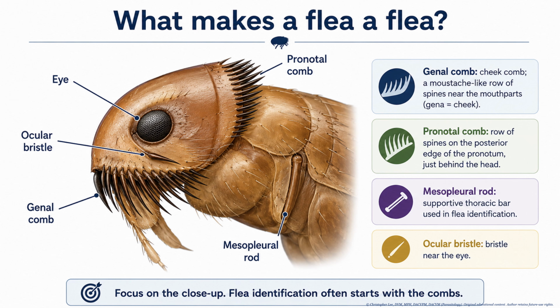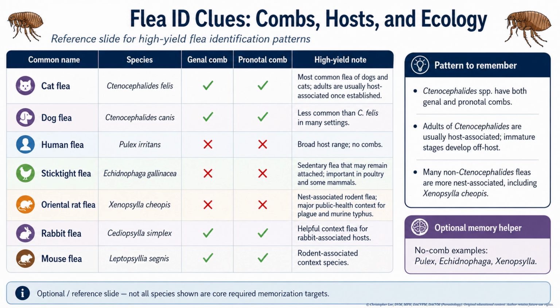When combs are absent, slow down and consider the no-comb fleas, especially when clinical or public health contexts point in that direction. Identifying every flea to a species level is not part of the average veterinarian's daily work. However, it is important to recognize that different flea species exist and to understand the basic logic used to distinguish them.